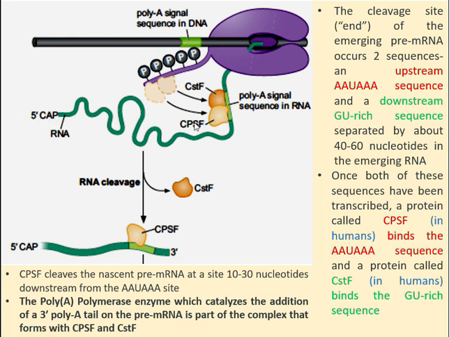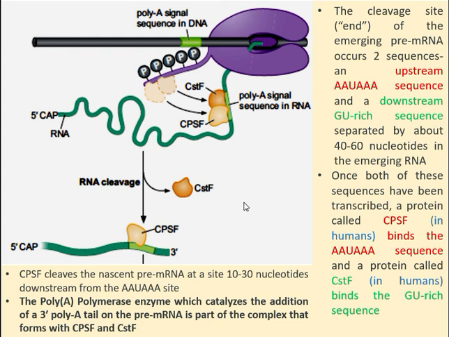The enzymes which take part in tailing, CSTF and CPSF, are also part of the complex which will help in this 3' tailing. So, that is why I told you modification of mRNA is taking place hand in hand with elongation and termination processes. So, we will just go back to the previous slide.